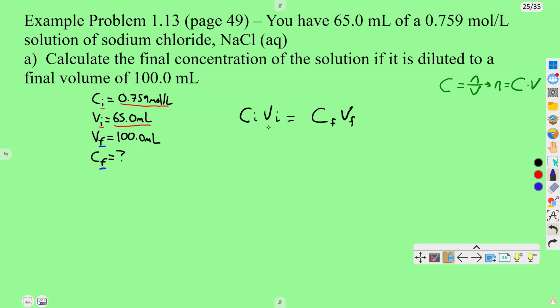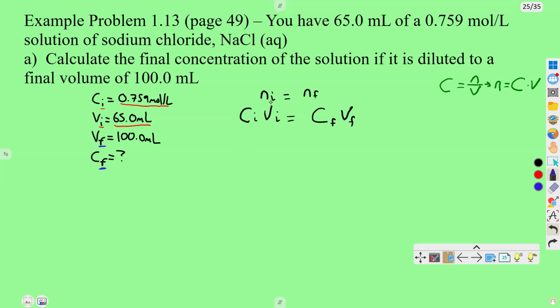Now, because we're just changing volume and concentration, we're not actually changing how much solute is in the solution. So the number of moles in the initial solution is going to equal the number of moles of the final solution.